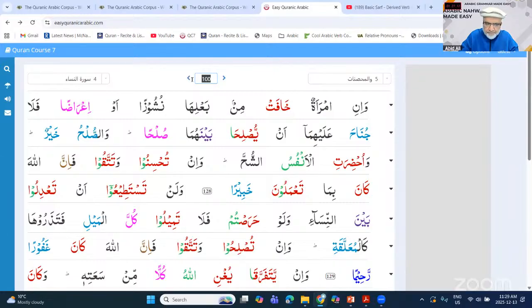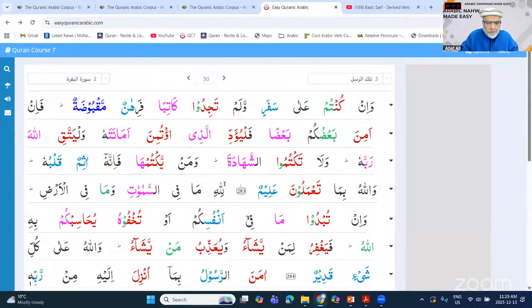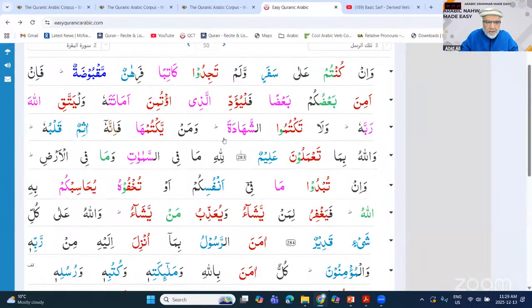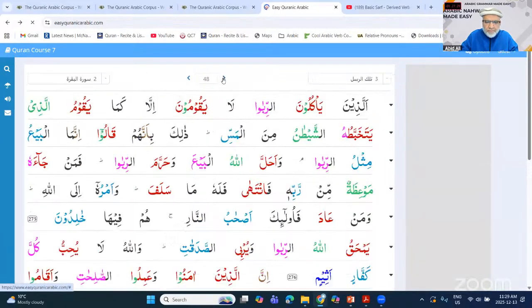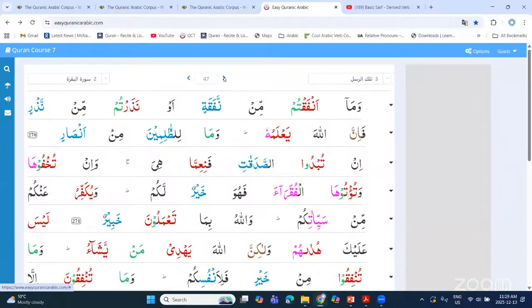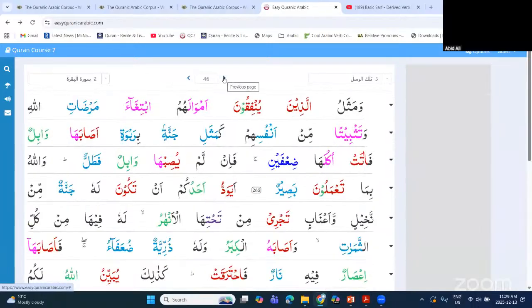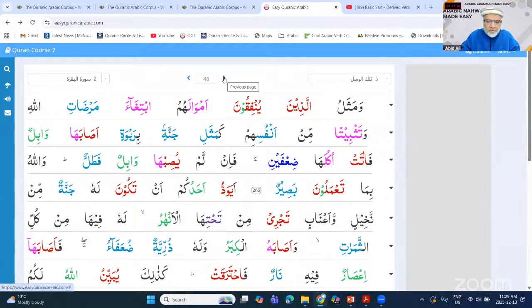That's too much. Let's see. 50. Surah Al-Baqarah, 283. I need to go back a little bit. I think after Ayat al-Kursi. But it doesn't allow me to enter the number of the ayah. I have to go page by page.